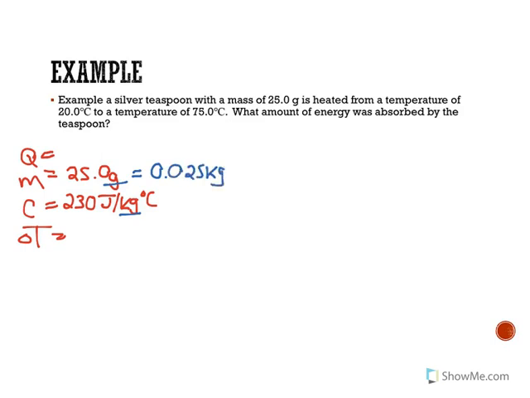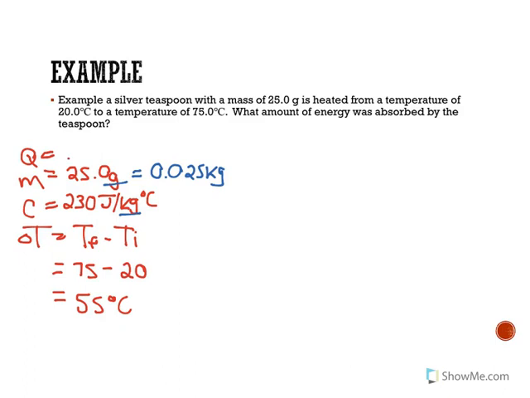We want those units to match, so they cancel out. And our change in temperature is T final minus T initial. And it starts at a temperature of 20 degrees up to 75. So our change in temperature in this case is 55 degrees Celsius.